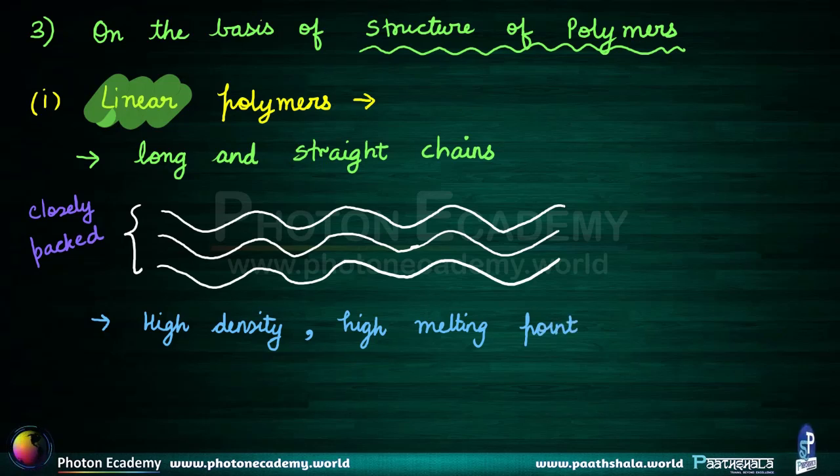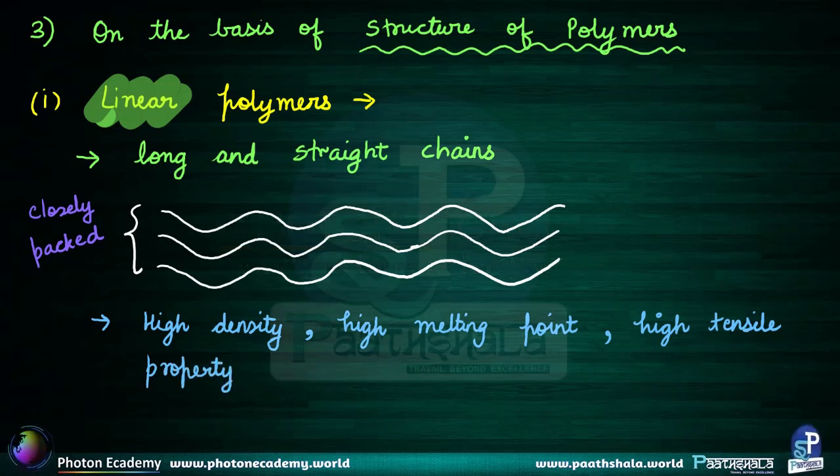Also, they have high tensile property. Tensile property is the ability to withstand stress. Since they are closely packed, they are easily able to withstand any stress put on them, and thus they have these properties because of their close contact.